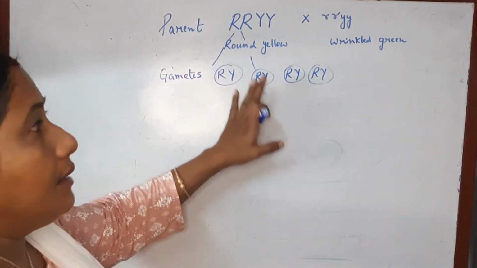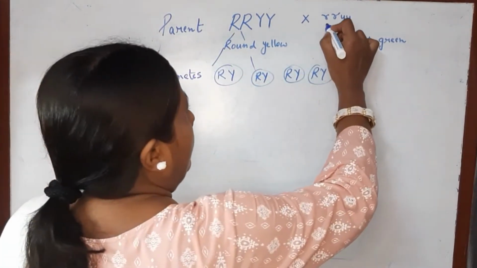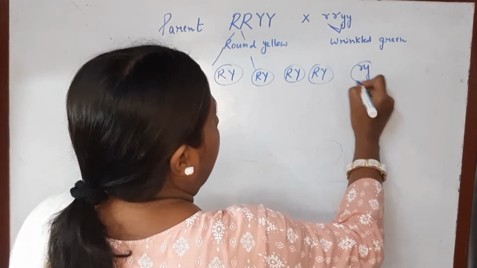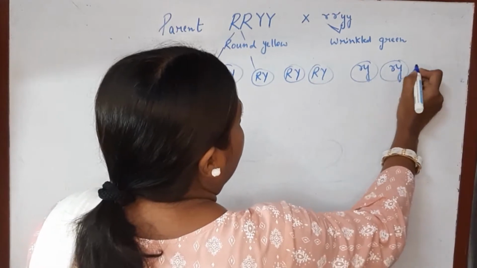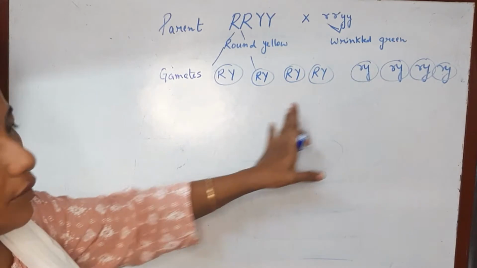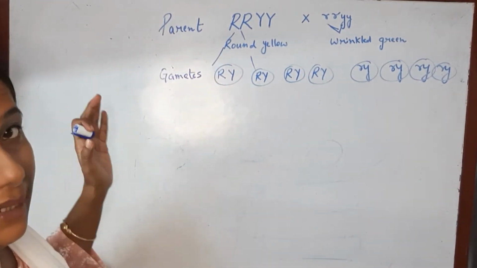This is for the round yellow gametes. Here in the same way we will get ry, ry, ry and ry for wrinkled green. So here 4 and 4. These are the gametes of the parent generation.